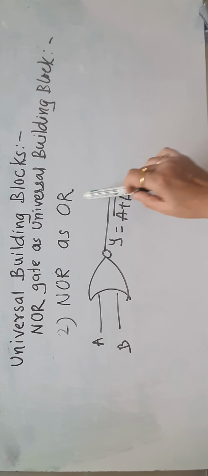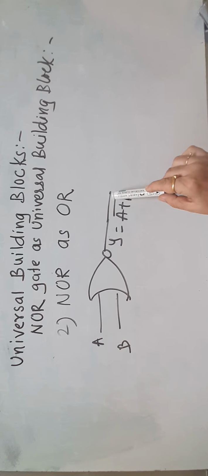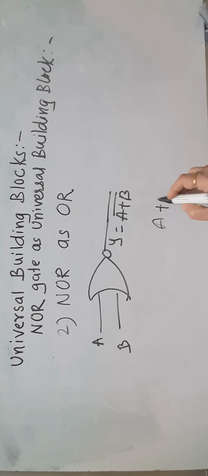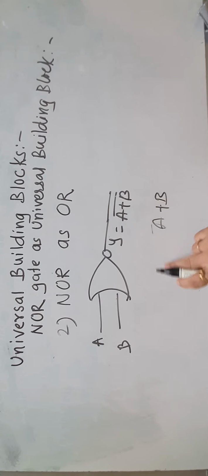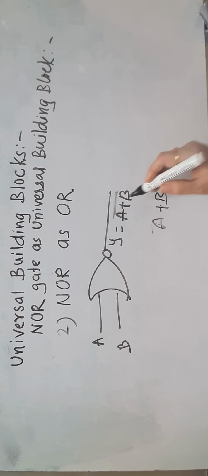Now we have to construct OR gate using NOR gate, but the output of NOR gate is A plus B bar. We don't want this bar because the equation of OR gate is A plus B only. There is no bar. So we have to construct the circuit in such a way that this bar gets cancelled. So what we have to do?